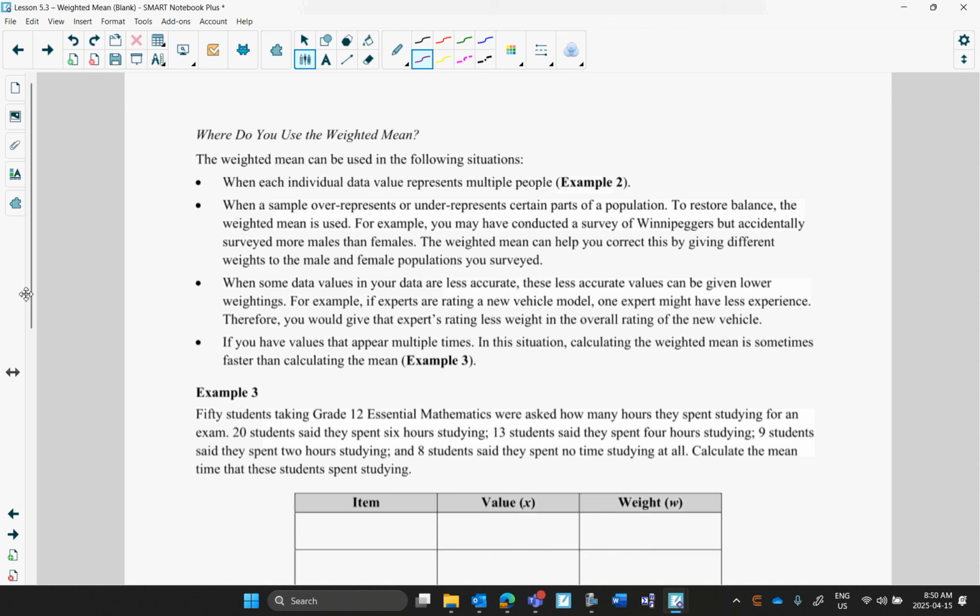The weighted mean helps you correct it. If some of the categories in your weighting are less accurate, they may be given a lower weighting. And this one, we're going to see in the next example, is faster than calculating the mean.